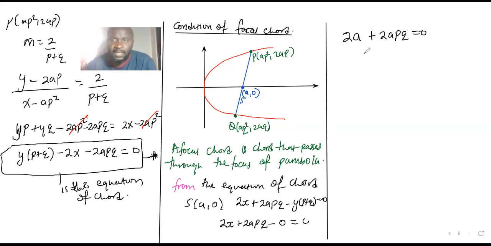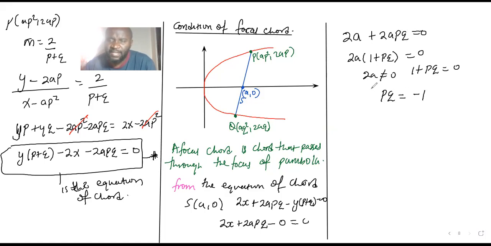If you factorize, you get 2A into 1 plus P times Q is equal to 0. And thus A is not equal to 0 because the focus is not at the origin. Then, secondly, if this is not true, then it should be this one that is true. With that, PQ is going to be equal to -1, the condition for a focal chord.